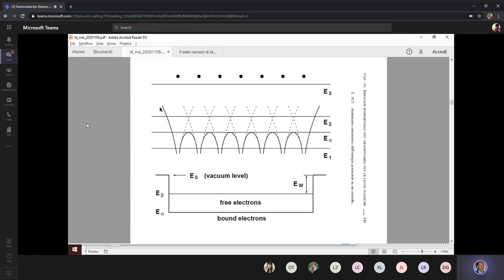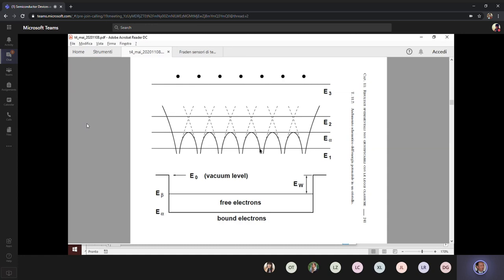Okay, then if we zoom back, we shall not be able to see anymore the tiny details of this barrier. So we can take the envelope of the maxima of this barrier, and this is indicated as E alpha. You see E alpha here and there, and this level E alpha is such that all electrons whose energy is below E alpha, like E1, are bound electrons.